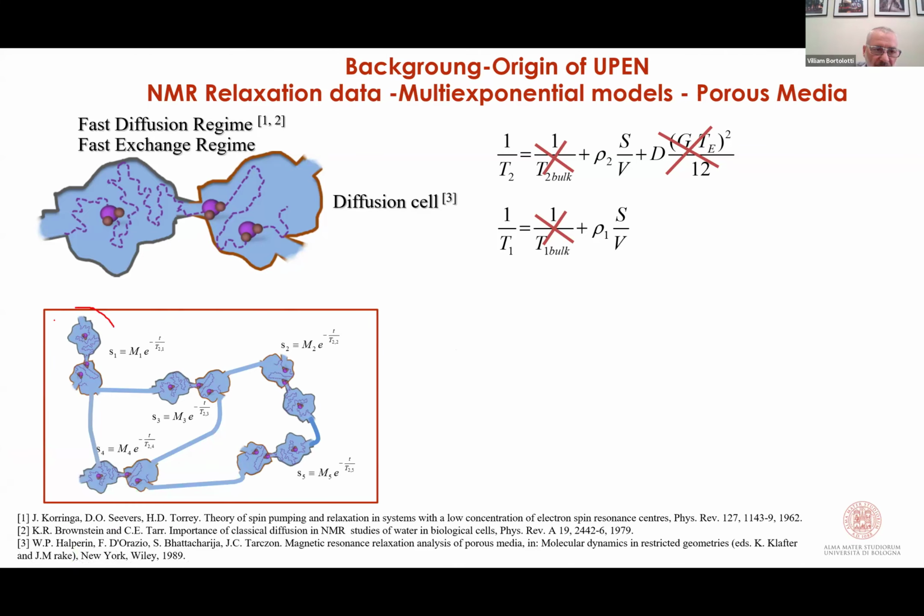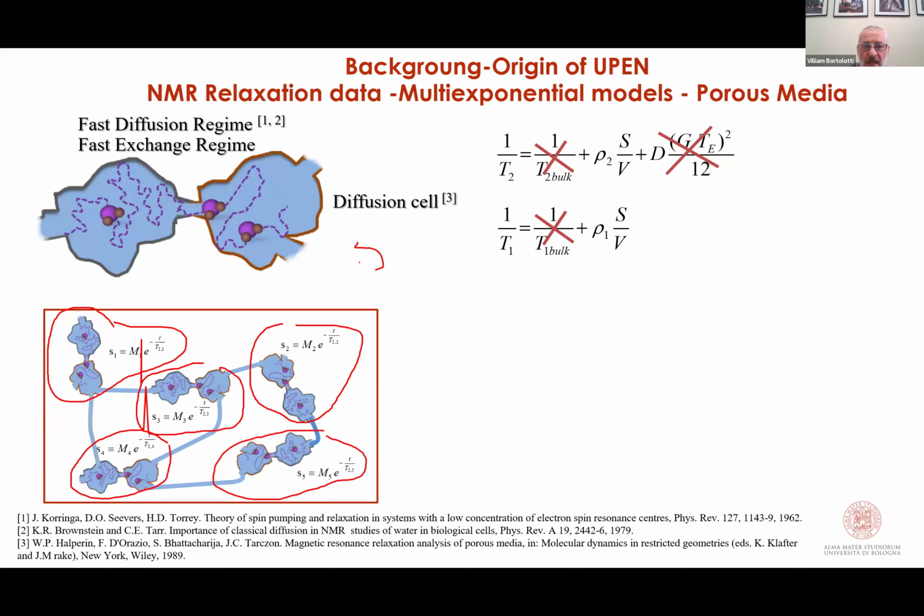Each of these is a population of spins. This one relaxes with a typical T2, or T1 if the experiment is T1. This is another population of spins. This one is another population of spins. So we have 5 populations of spins in this example, okay?